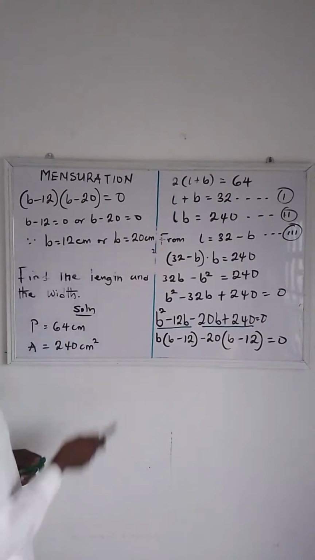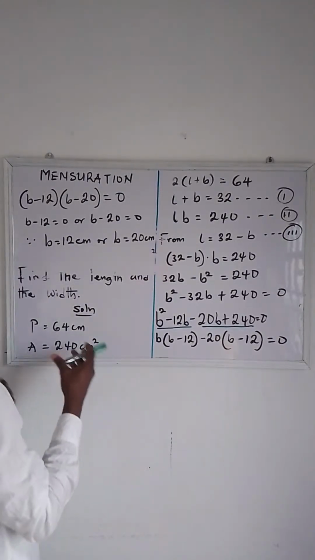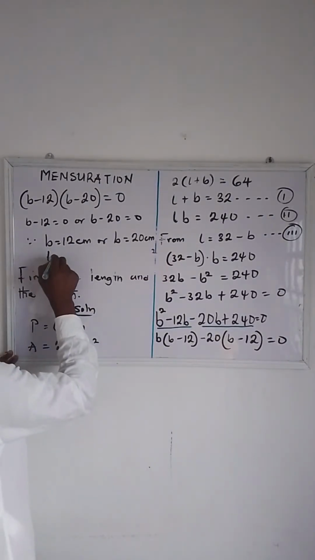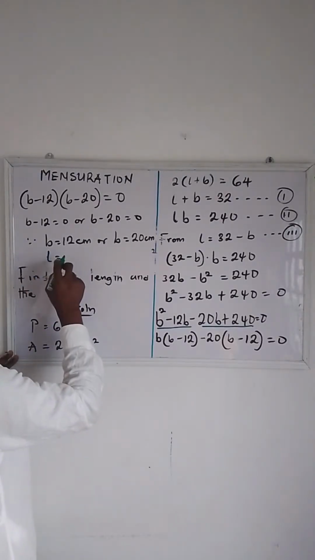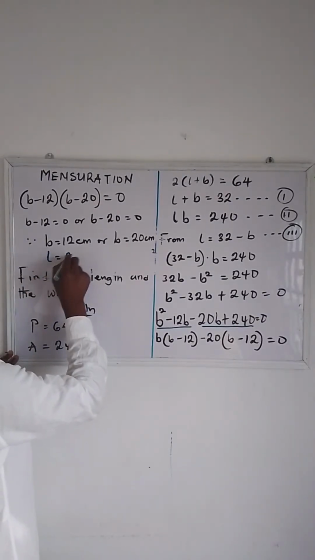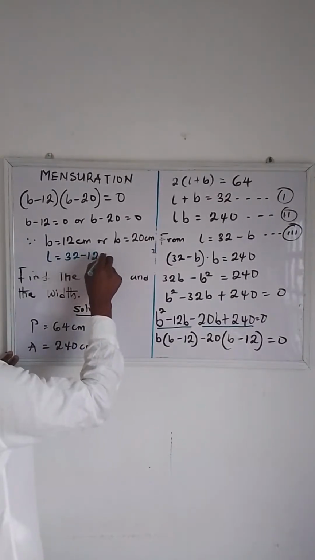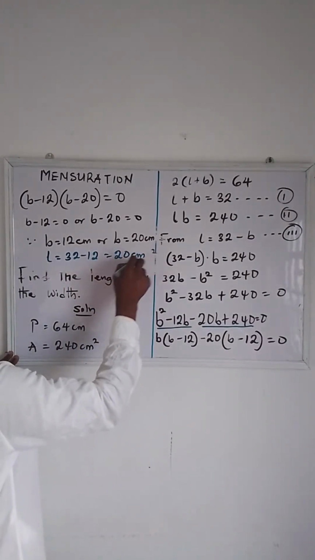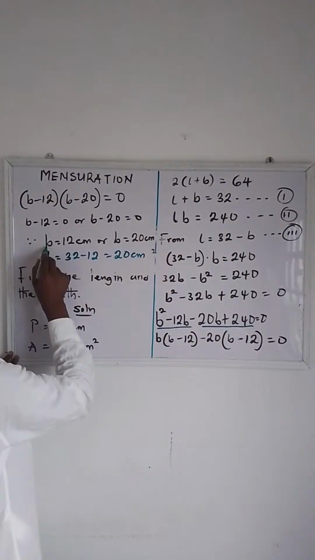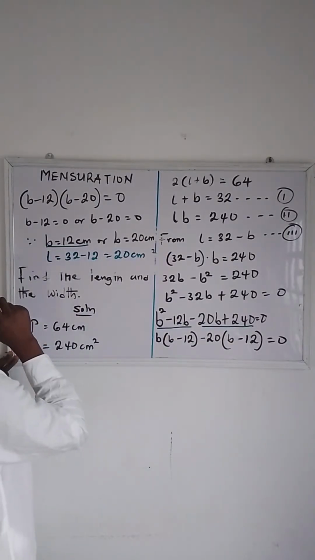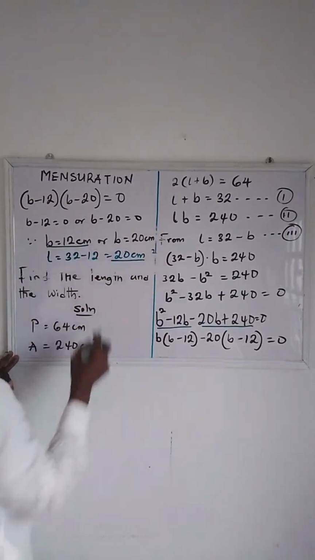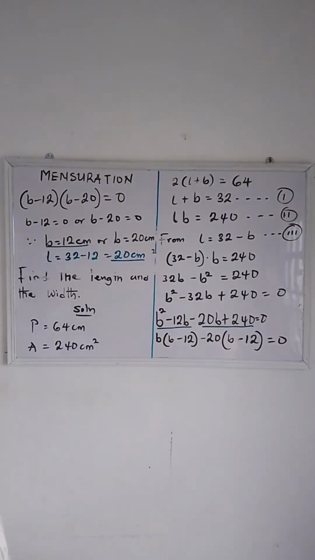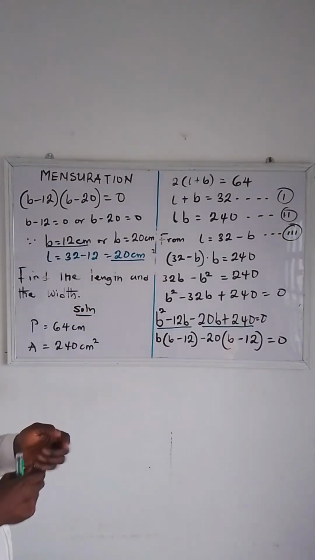So the length will be 32 minus 12, and that gives you 20 centimeter. So when B is 12 centimeter, L is 20 centimeter.